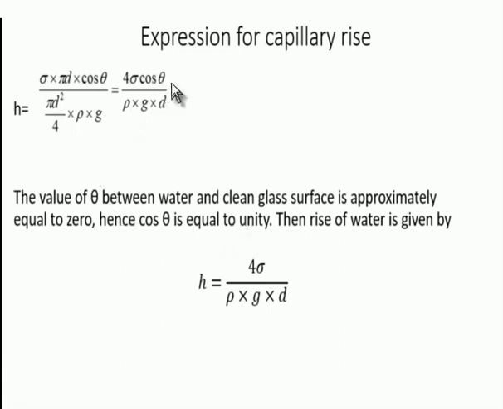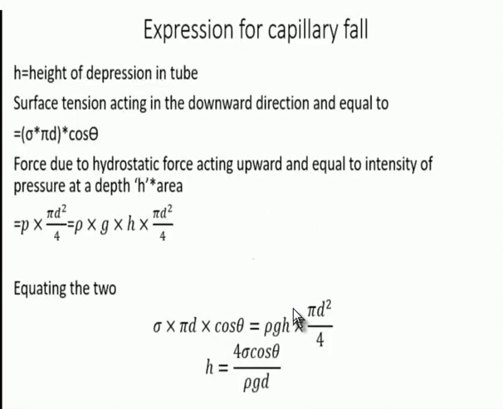Then the rise of water is given by h is equal to 4 sigma divided by rho g into d. This is the height of the liquid in the tube when it is kept inside the liquid.